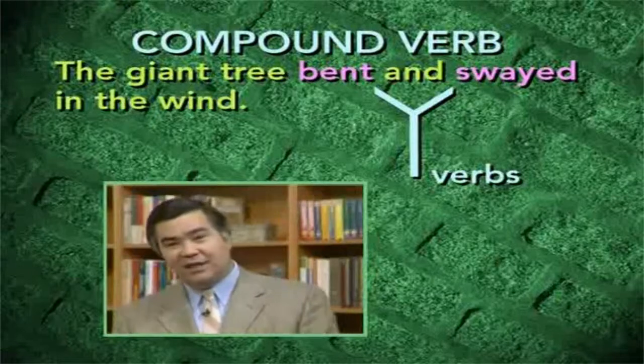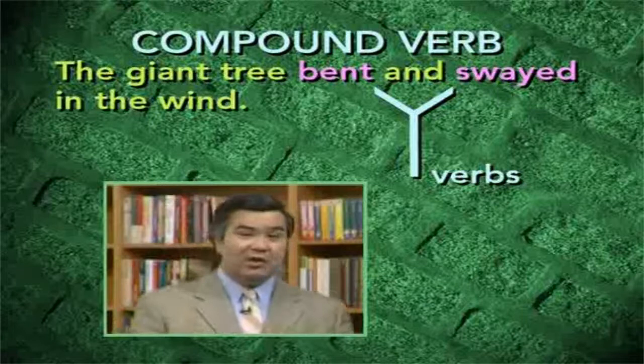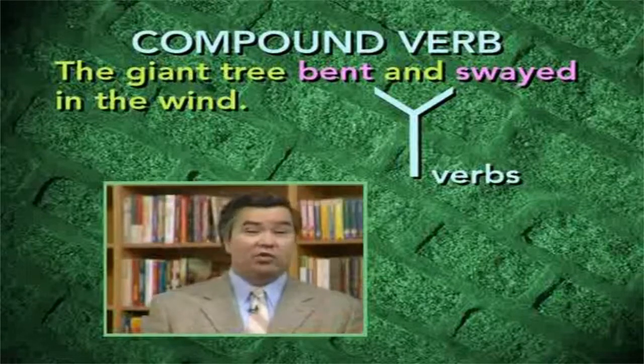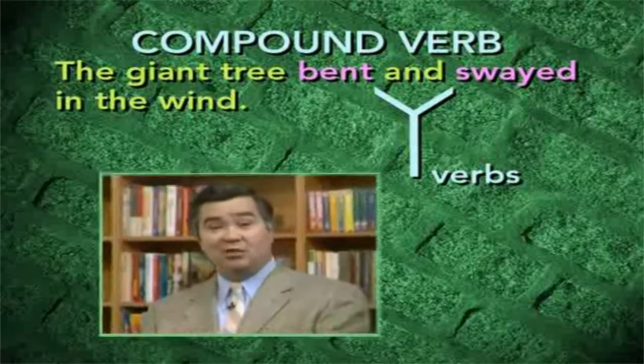So the heart of this sentence is tree bent and swayed. And the other words in the sentence are there to give us more information about what kind of tree it was and how and when the tree bent and swayed. So as we see in some sentences, you may have a compound subject, that is, two or more subjects joined by the word and or.